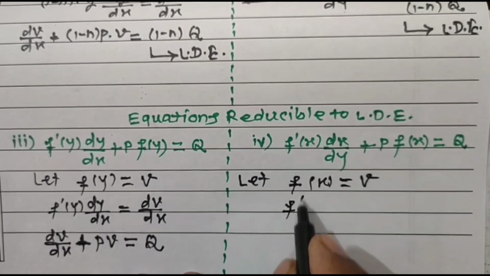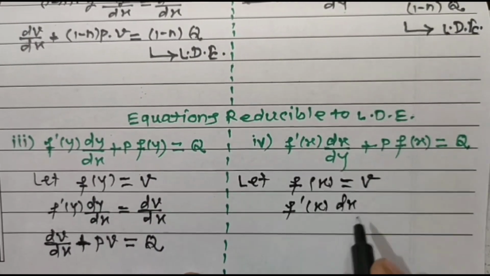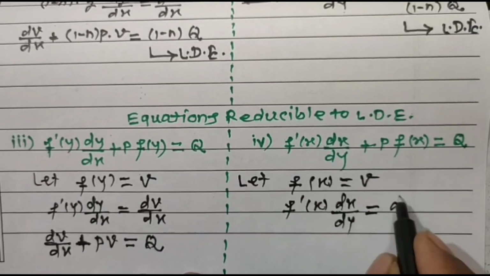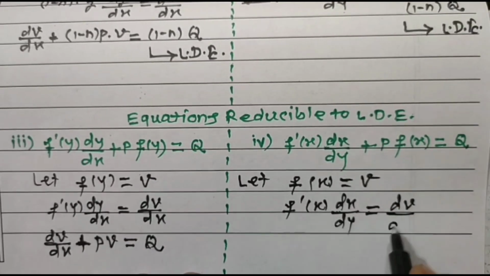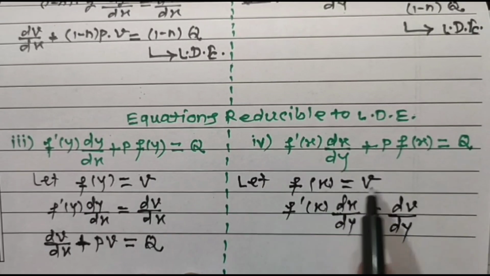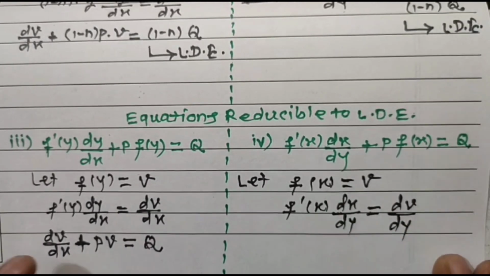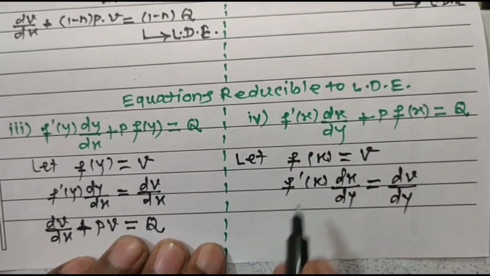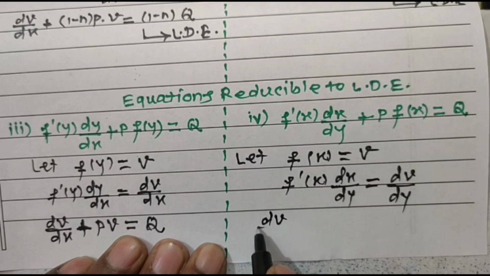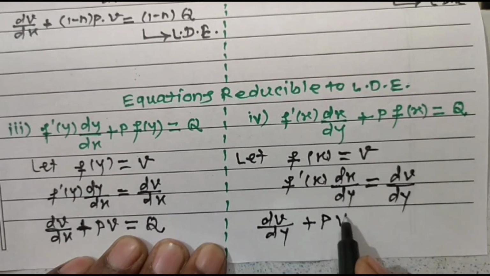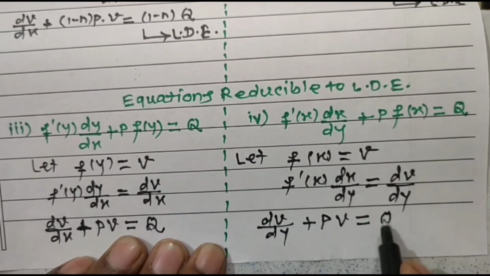That gives f dash x dx by dy is equal to derivative of v with respect to y. Now put f of x is equal to v and f dash x dx by dy is equal to dv by dy in this differential equation. Then this differential equation becomes dv by dy plus pv is equal to q.